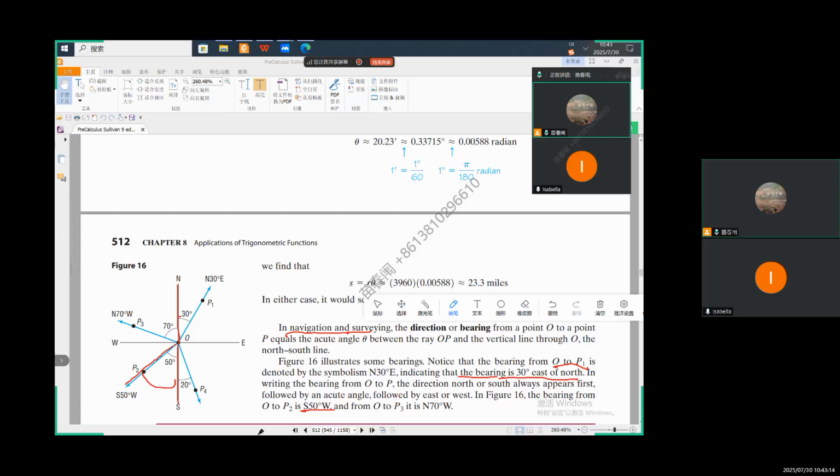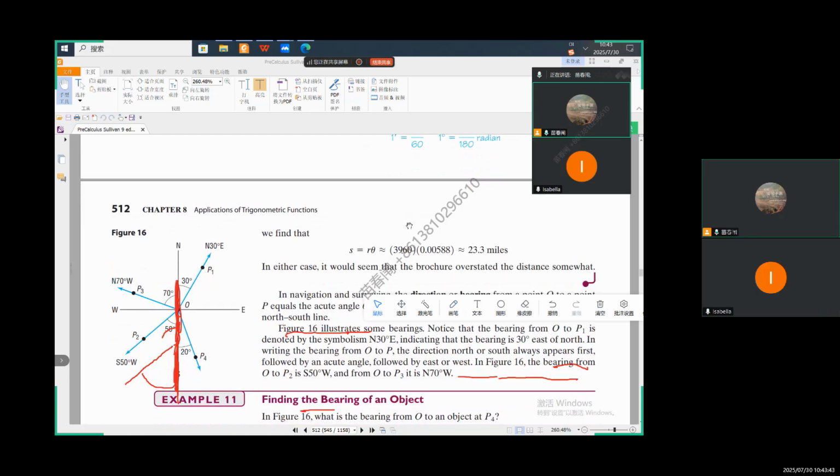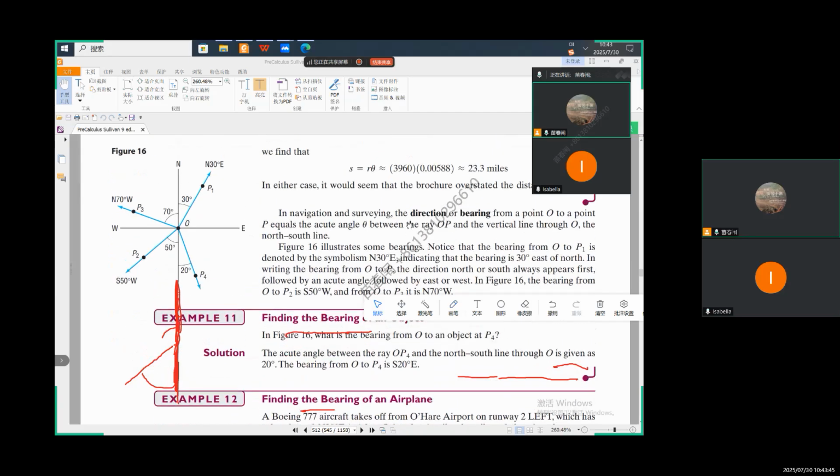I can say the bearing from O to P3 is 70 degree north of west, right? This is the bearing. Remember they used the north-south line as an axis, and then use the acute angle to describe it.